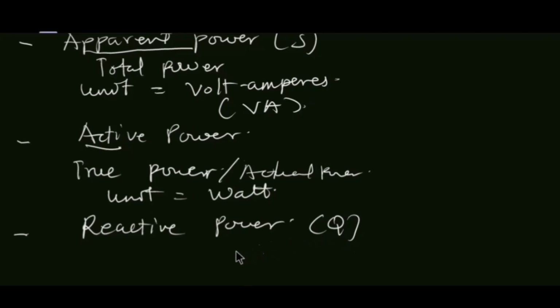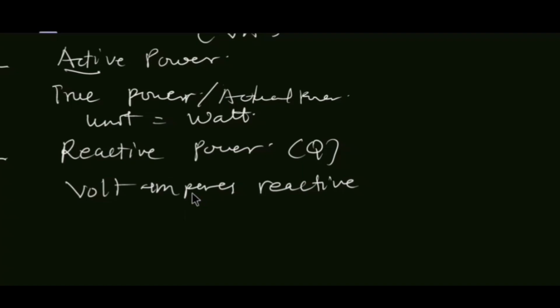Q. The unit of this reactive power is what we call the volt-amperes reactive, indicating that it is a reactive component of the volt-ampere, which is the total power. It is VAR, that is the unit of reactive power. So when you see Q, it's a reactive power. When you see the true power, it is represented as P, then our total power as S.